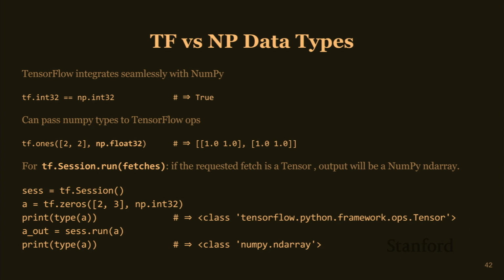You can also initialize a tensor with a NumPy type, like tf.ones with the type np.float32. And after you execute some variable or op in a session, the value returned will be NumPy and not a TensorFlow type. For example, a is originally a tensor, but after you execute it in the session, it will be a NumPy array.